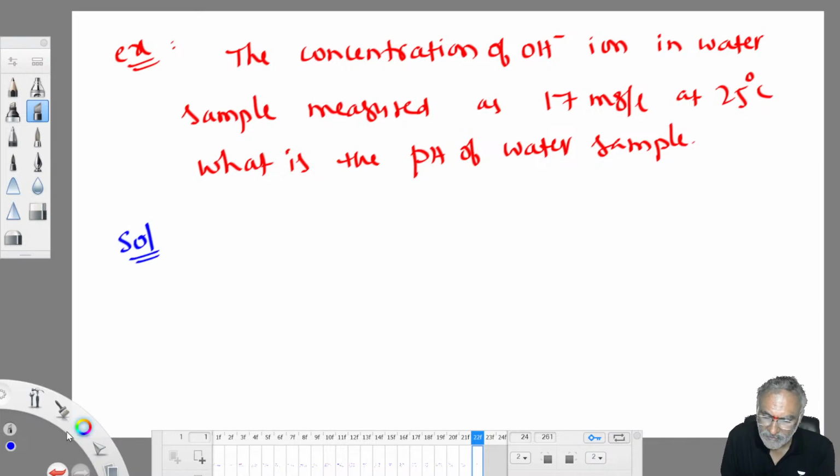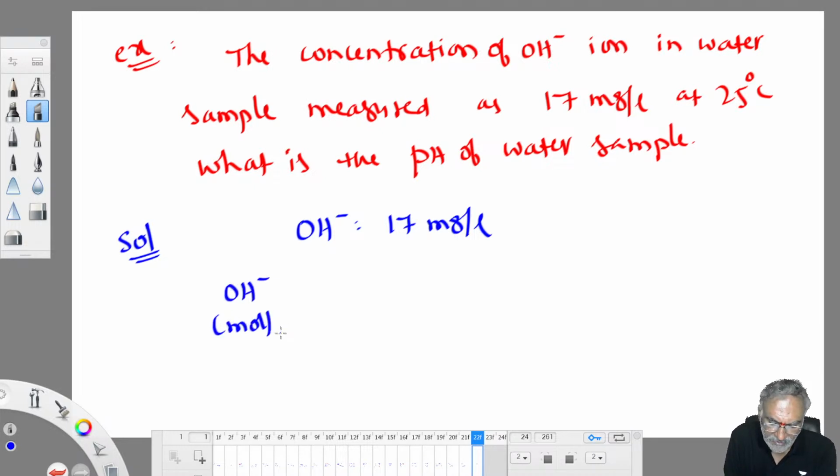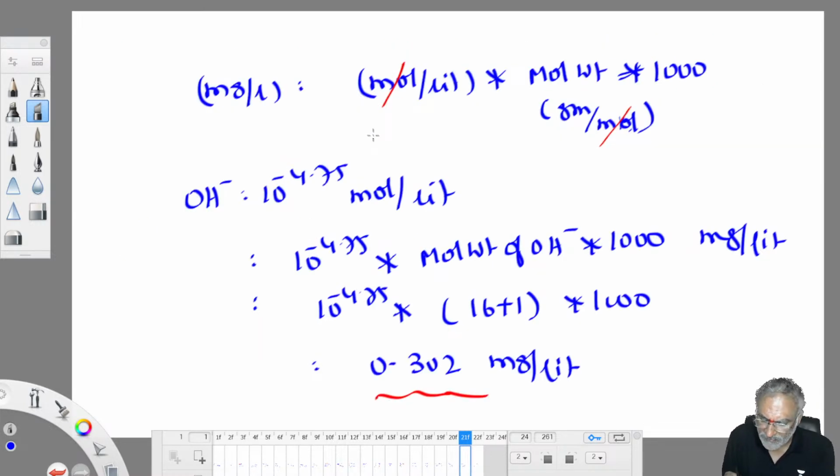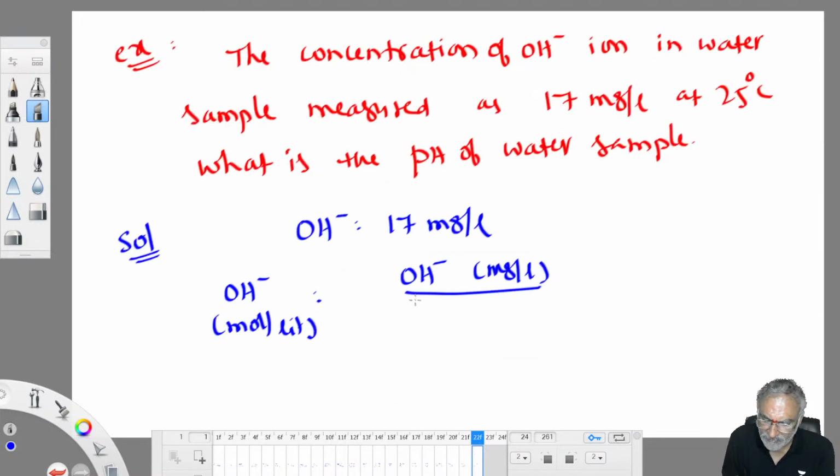Solution for this question. The OH minus ion concentration is given in milligram per liter. So this you have to convert into moles per liter. OH minus ions in moles per liter is equal to OH minus ions in milligram per liter divided by molecular weight of OH minus into 1000, reversing the equation.